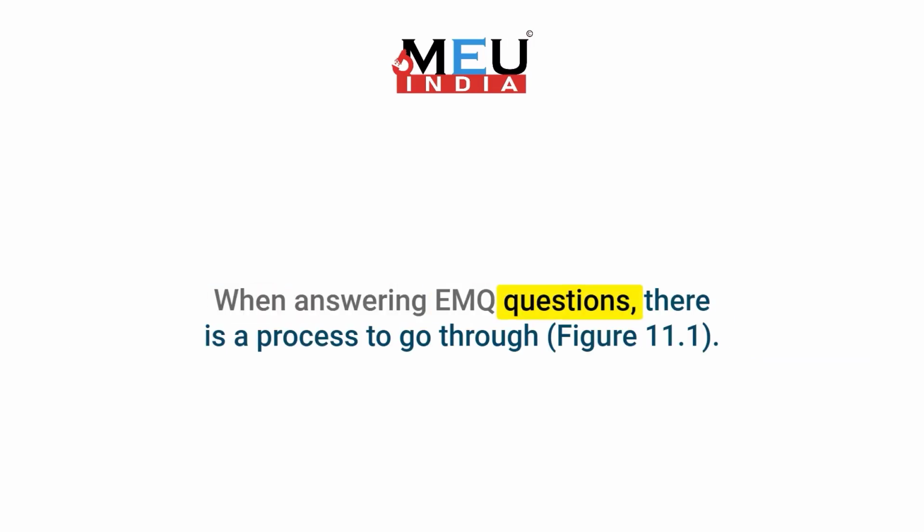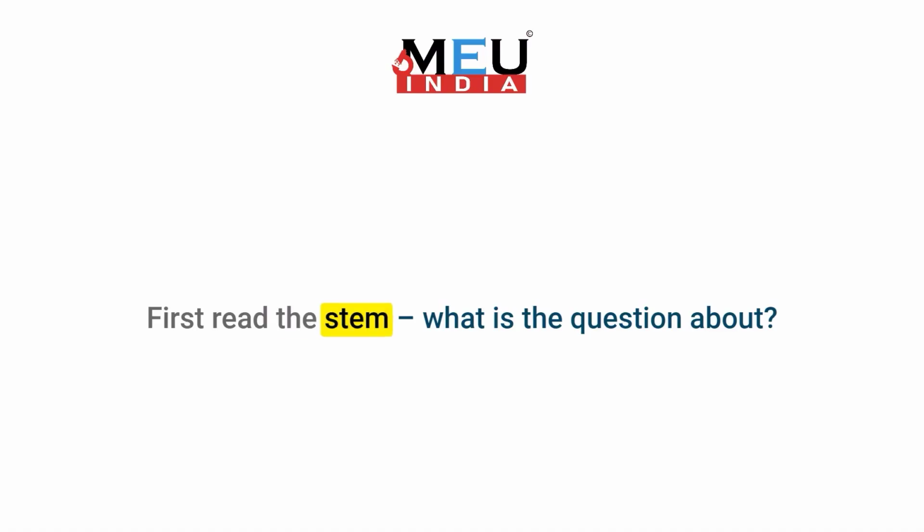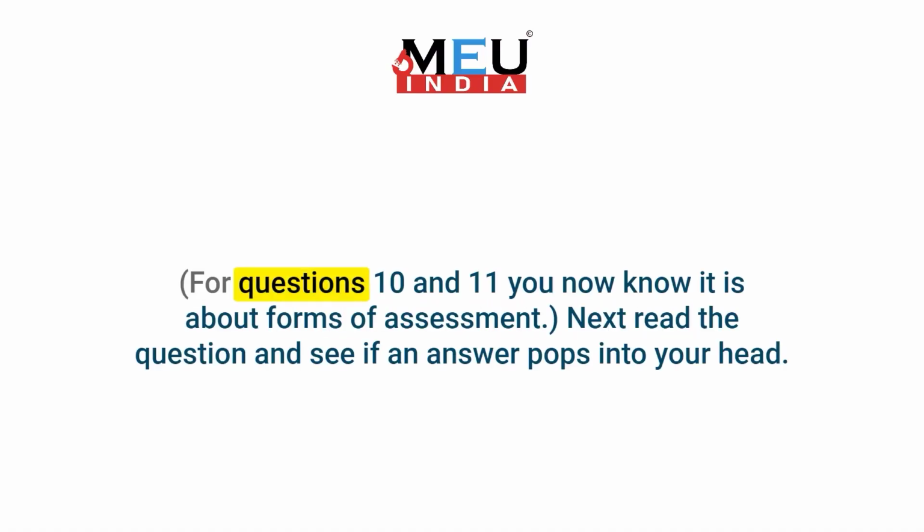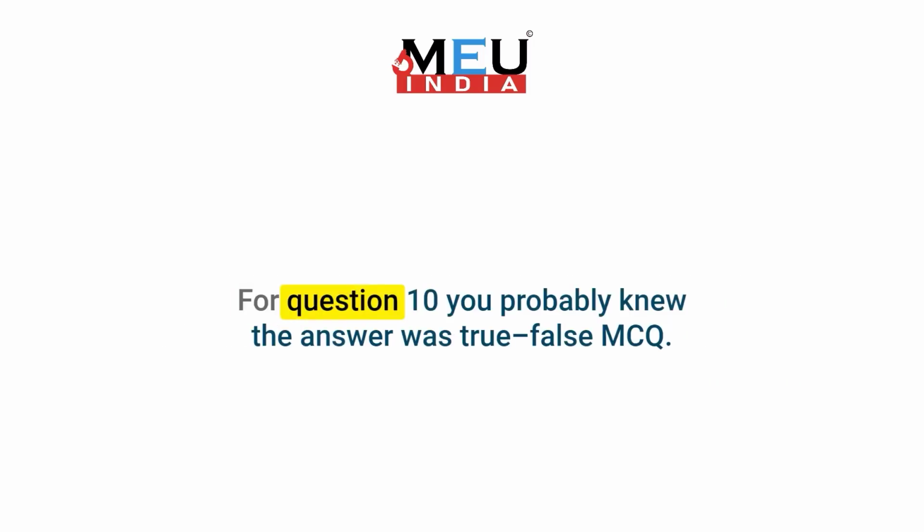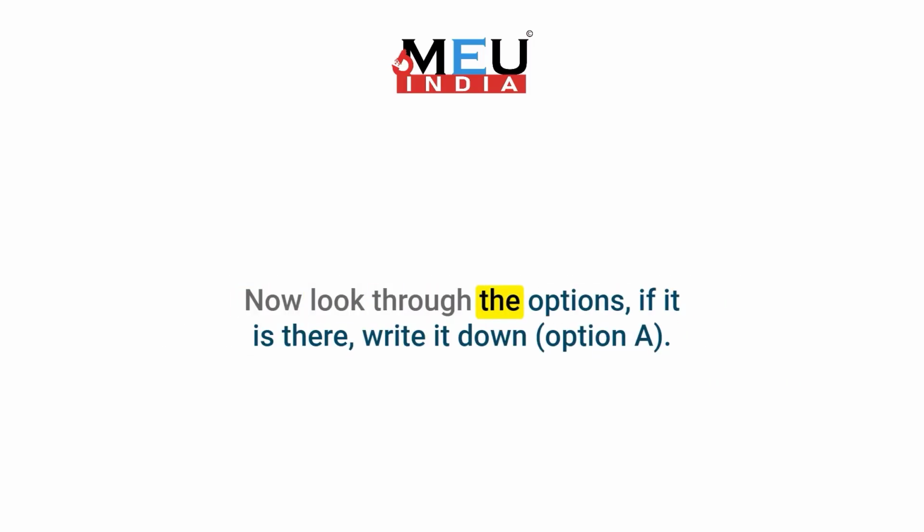When answering EMQ questions, there is a process to go through. First, read the stem. What is the question about? Read the question and see if an answer pops into your head. For question 10, you probably knew the answer. Now look through the options. If it is there, write it down.